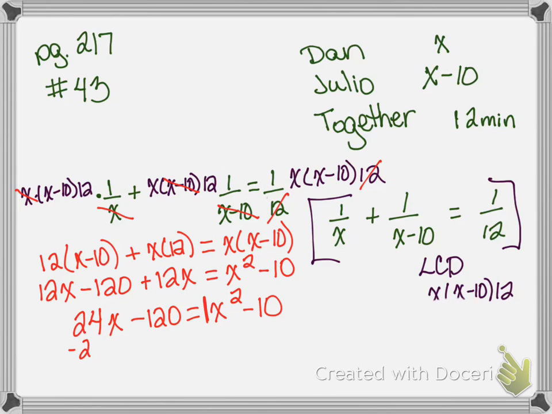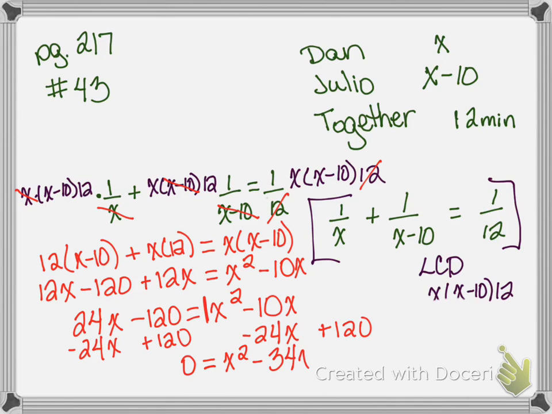So I am going to subtract 24x and I'm going to add 120 to both sides. So I have 0 equals x squared minus 34x plus 120.